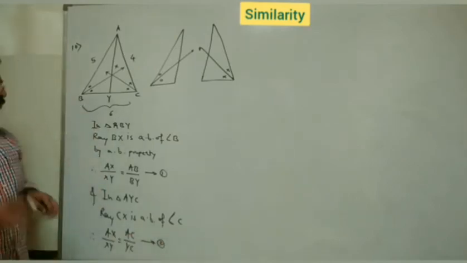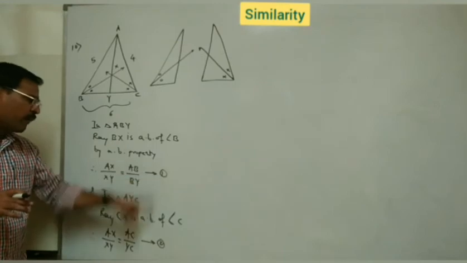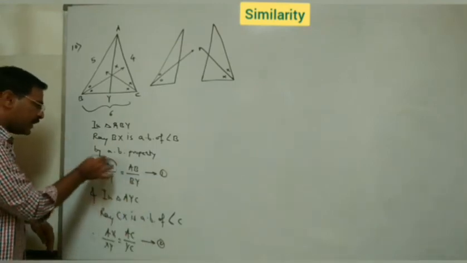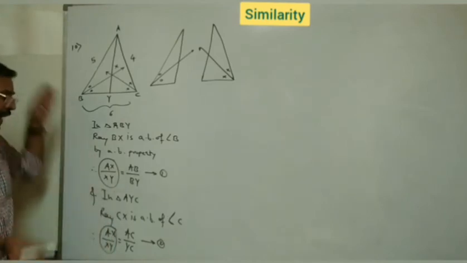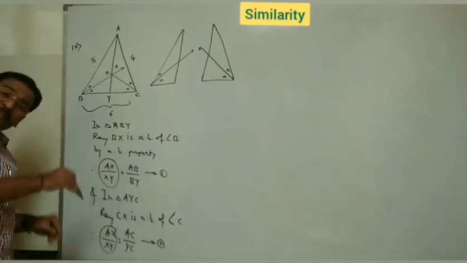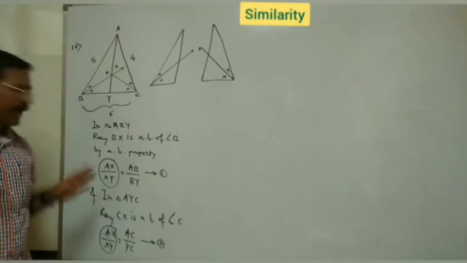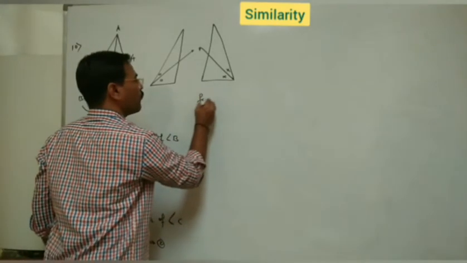This is equation number 2. If you observe 1 and 2, what do we get? AX upon XY is here and here also, so we equate the two.